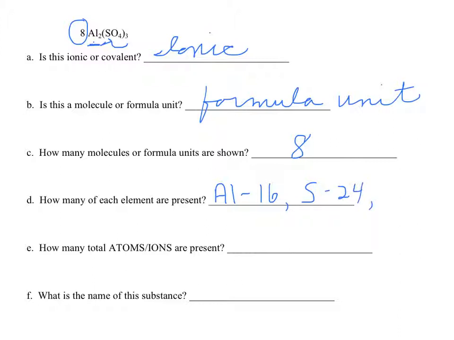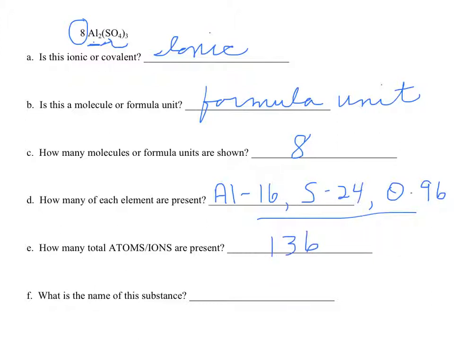And then, last but not least, there's always oxygen. And we have 12, 4 times 3 is 12, times 8, which is 96. So then it says how many total atoms or ions are present. Basically, you would just add these up, and you would say 136.